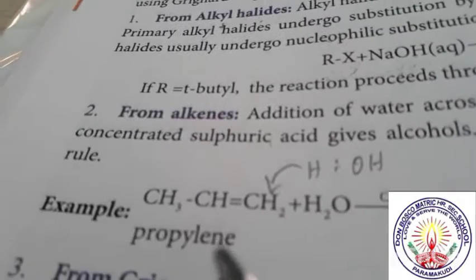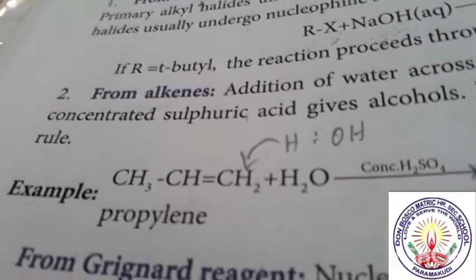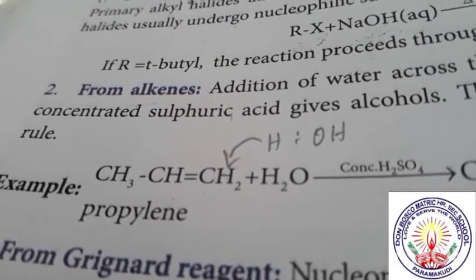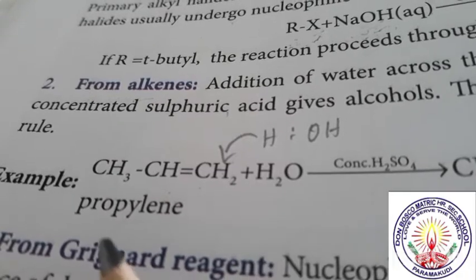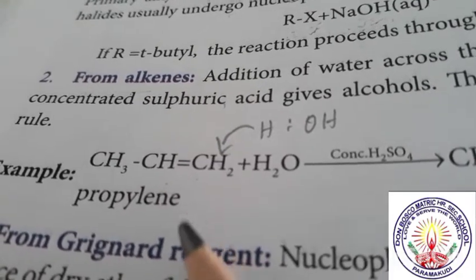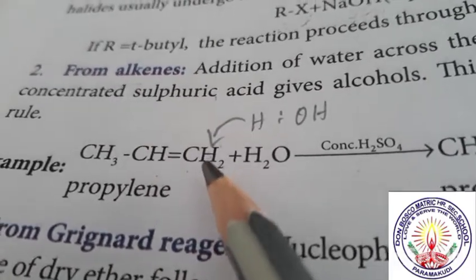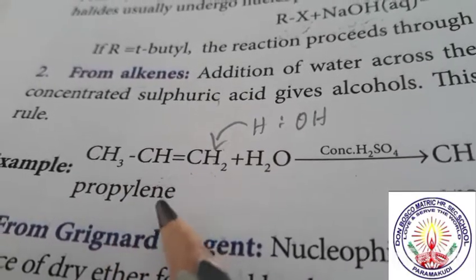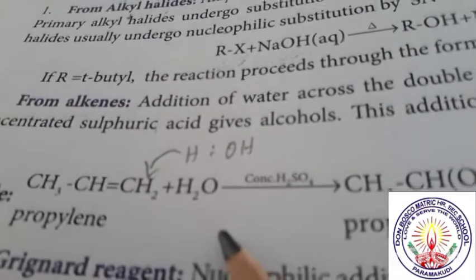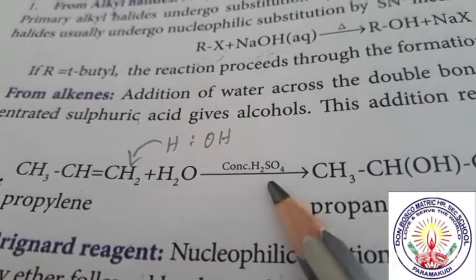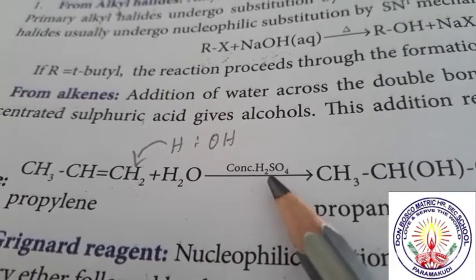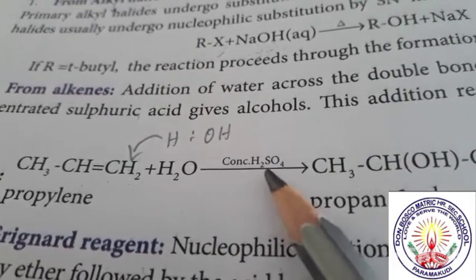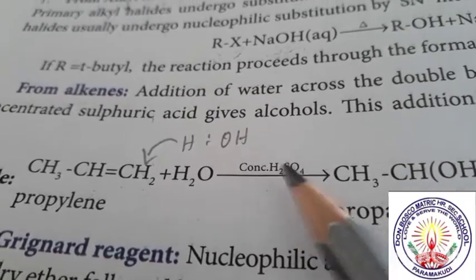And see, the second one is from alkene. In the alkene we are taking propylene, a carbon chain 1, 2, 3. So propene, propylene. And this is hydrated with water, and we are taking concentrated sulfuric acid H2SO4 as catalyst.